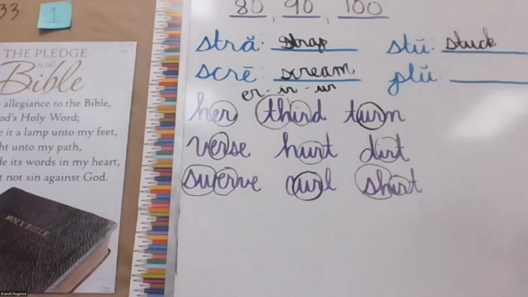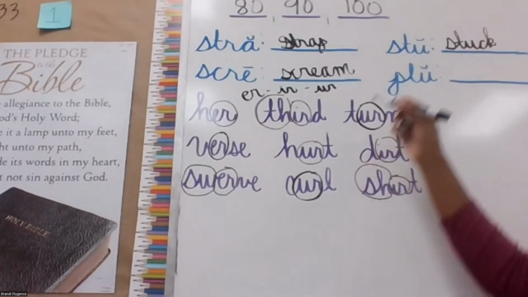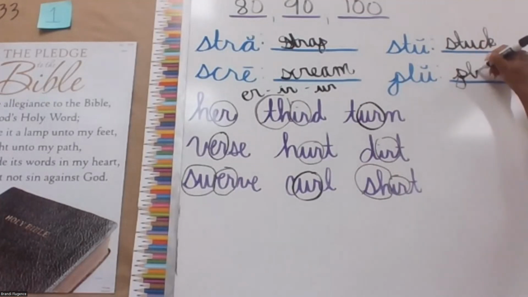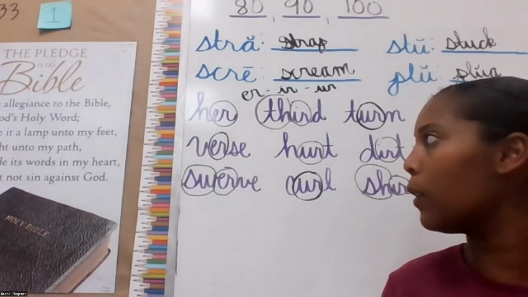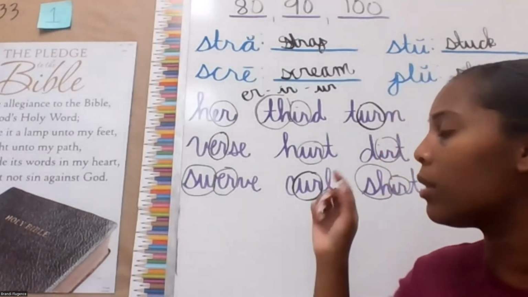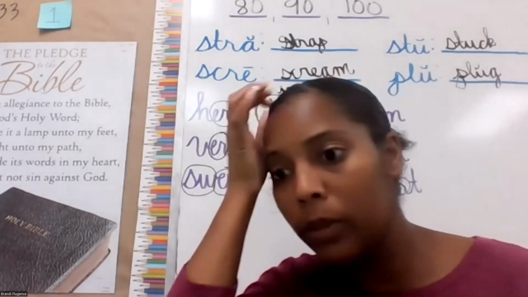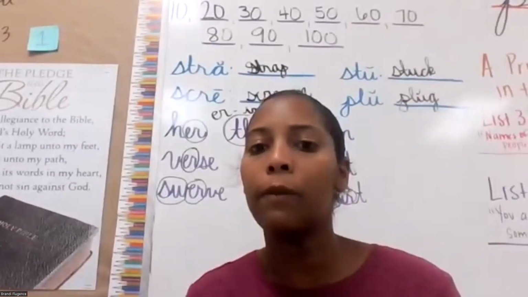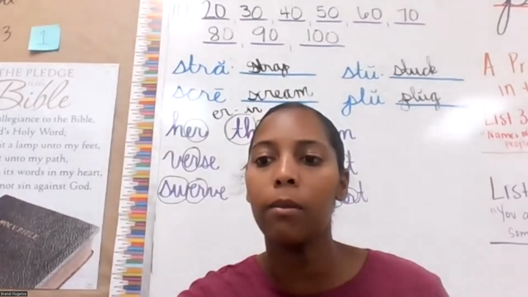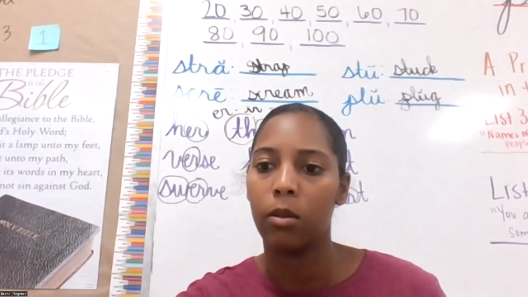And plug. What's the word I can create with plug? Plug. Good. All right, good. So that's all I wanted to go over in phonics, our charts, our new sounds, and some blends. So that is it for our Zoom this morning. I will see you later this afternoon, Asa. Okay? Bye-bye.